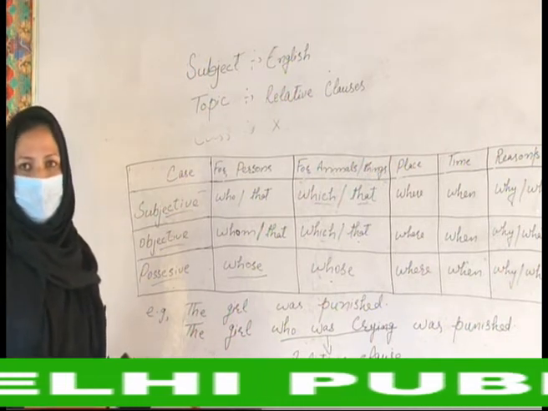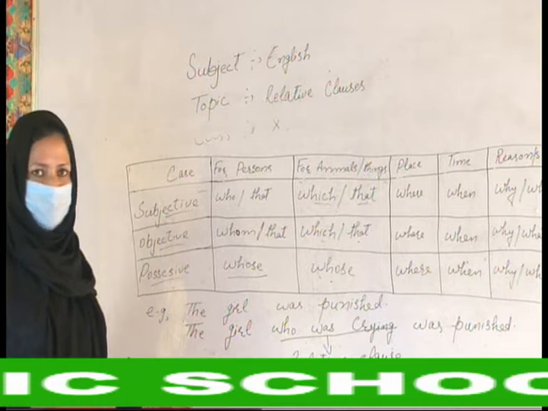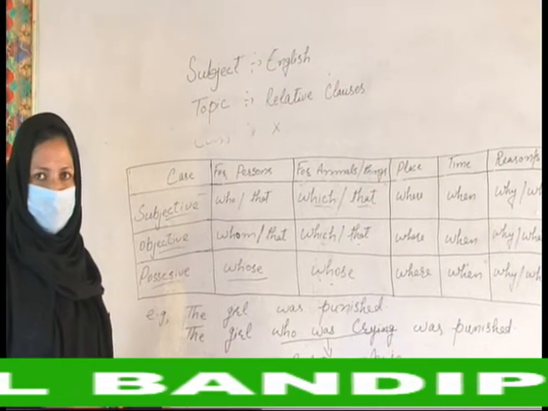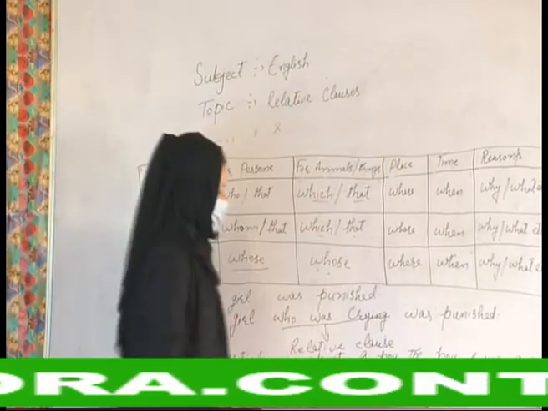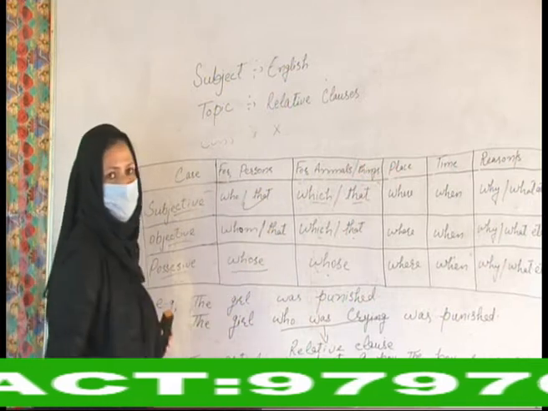When we need to join the two sentences into one by using a relative clause, we first of all see who the speaker speaks about. So here the speaker speaks about the boy. The boy is a person. For persons we use who or that.